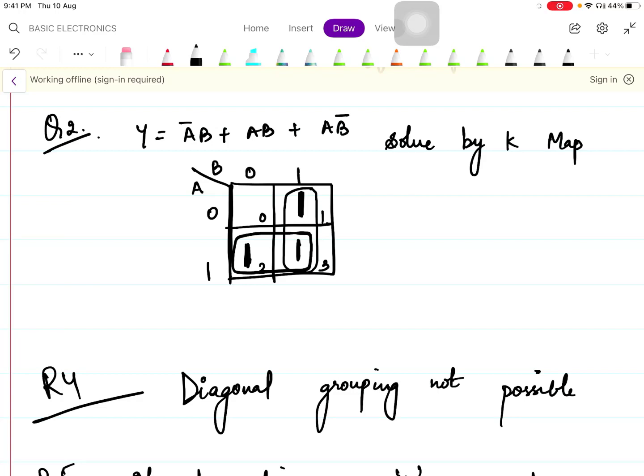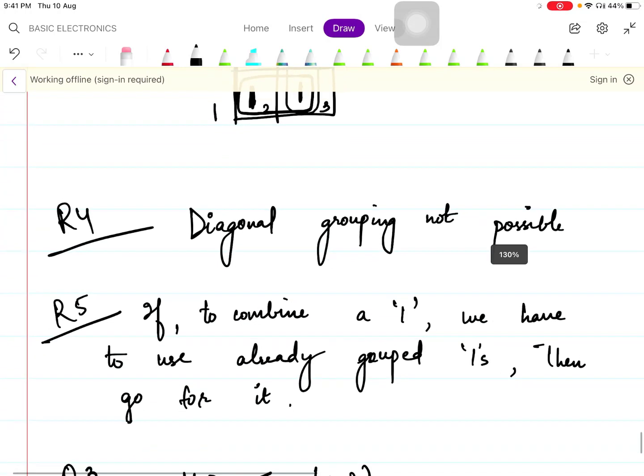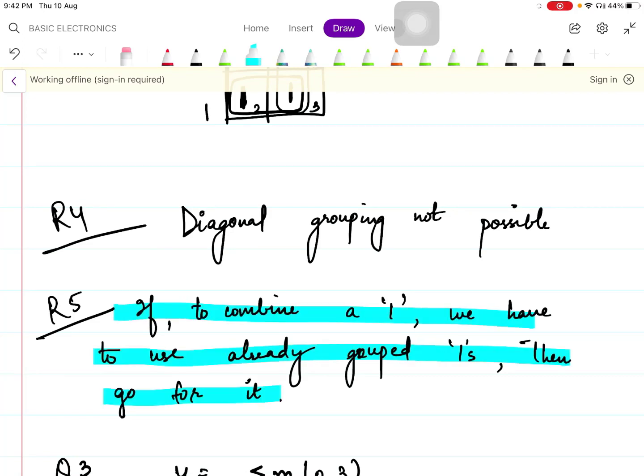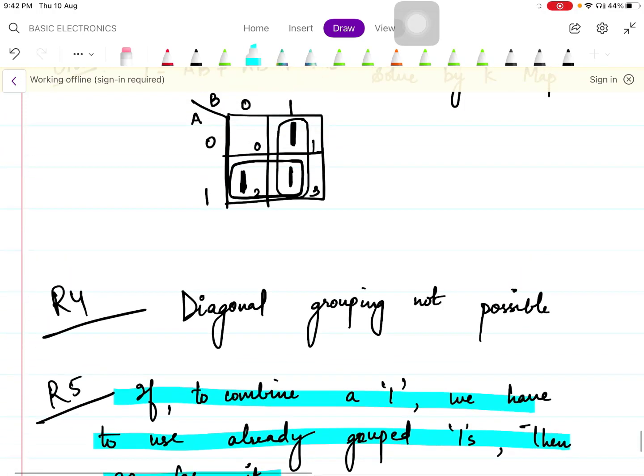So that is another rule. This is rule number 5, that if to combine a one we have to use already grouped ones, then go for it. So this is rule number 5. And one more rule comes, that diagonal grouping is not possible. That means you cannot make a group of cell number 1 and cell number 2. So this also has to be remembered.